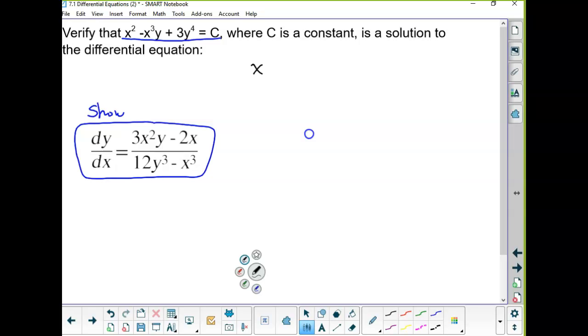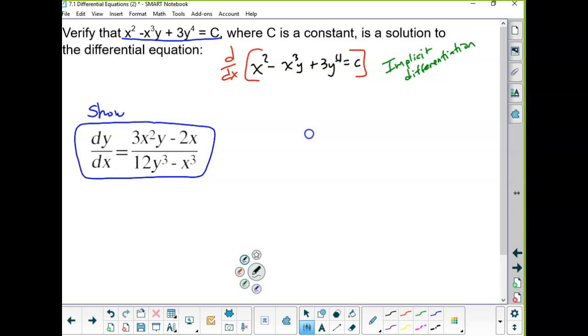What do we have? I've got the original function. Take the derivative to show that dy dx is equal to that. Well, the reason why we do this problem is, if you remember, this is called implicit differentiation.